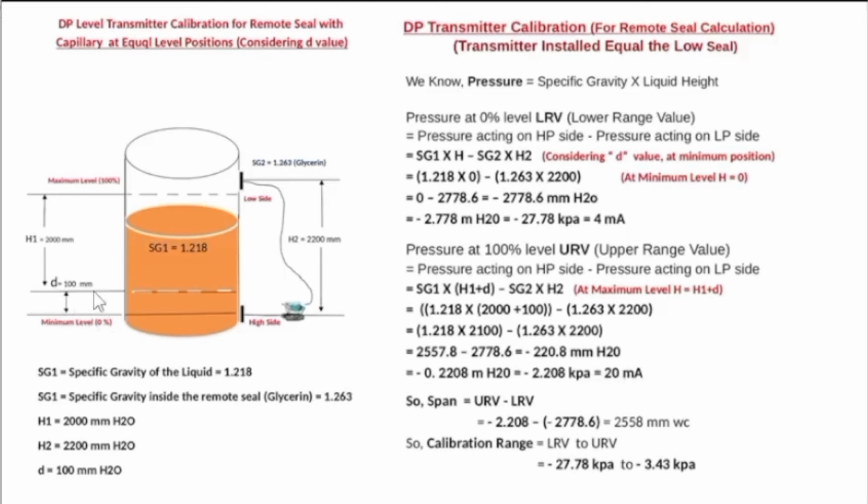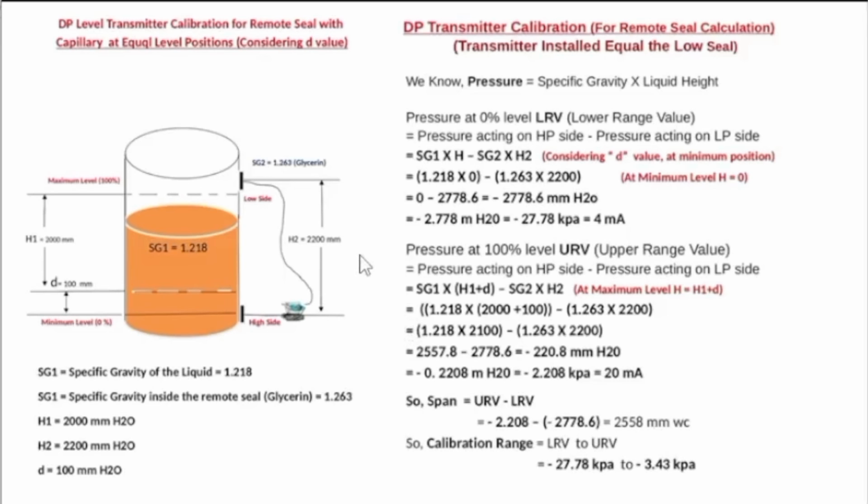So when the lower value is below this minimum level, we will consider the total height minimum to maximum, 2100 millimeter. At this stress the span will be 2558 millimeter water column, and calibration range will be LRV to URV, minus 27.78 kPa to minus 3.43 kPa.